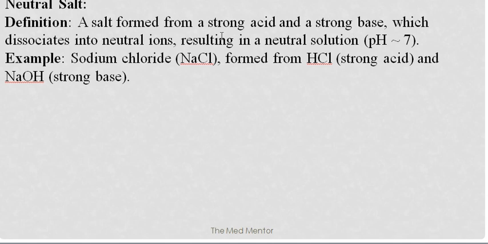Both the acid and base are strong, and it dissociates into neutral ions, resulting in a neutral solution with pH equal to 7. For example, sodium chloride is formed from HCl, a strong acid, and NaOH, a strong base.